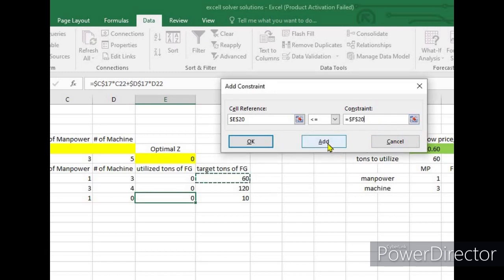Then you will click add, and for the second one, click this, and the sign for the second constraint is less than or equal again. Then for this one, it is equivalent here. Then click add. For the third one it is this, and the sign for the third constraint is greater than or equal, so you must change it, and for this constraint you select this. Then click OK.